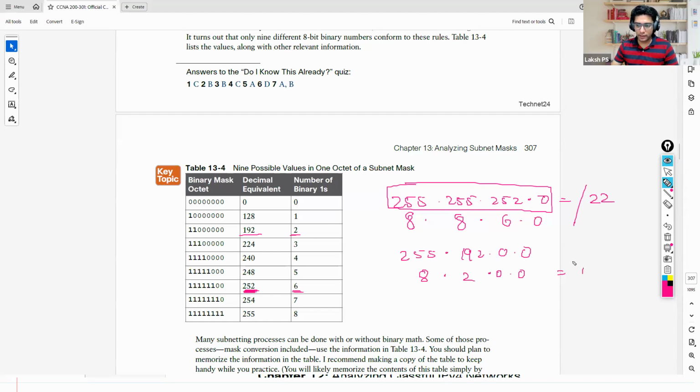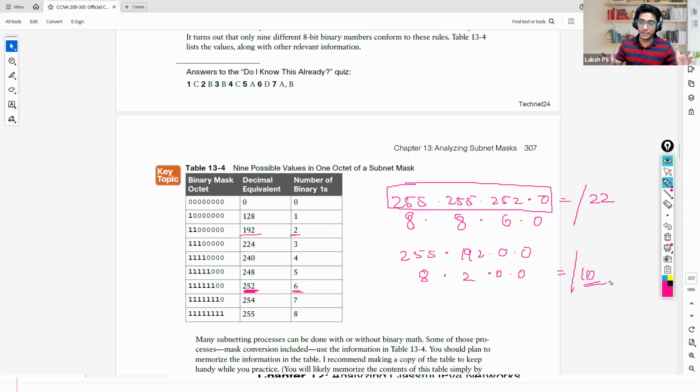So that gives us /10 as the prefix length. P, or the prefix length, is the number of ones in that address mask.